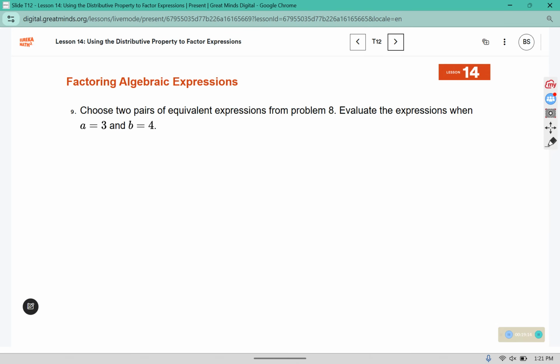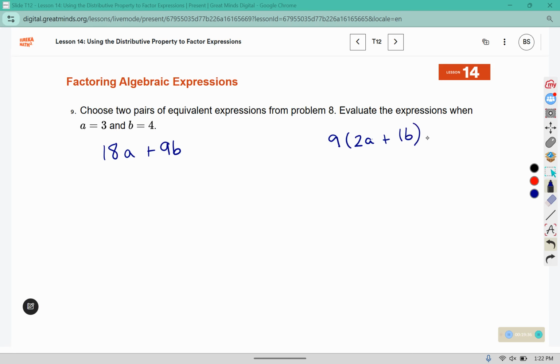Choose 2 pairs of equivalent expressions from problem 8 and evaluate the expressions when a equals 3 and b equals 4. We had 18a plus 9b, and we changed that into 9 times 2a plus 1b. We are going to replace the a with the number 3 and the b with the number 4.